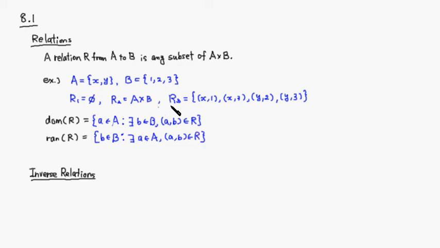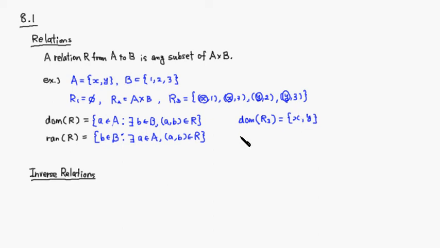Alright, so let's look at the domain of, say, R3 in this example right here. So R3 would be, right, you have X here and also X here, so it's X and Y, so {X, Y}.